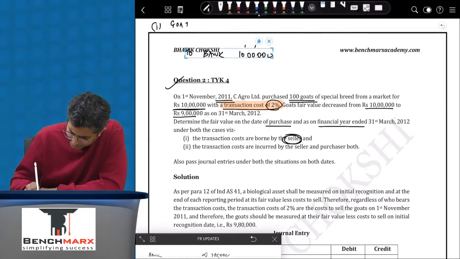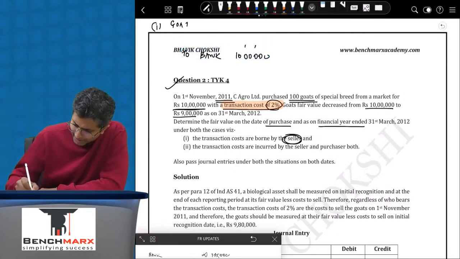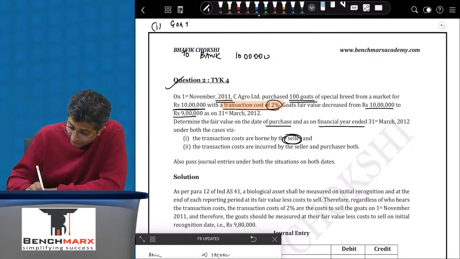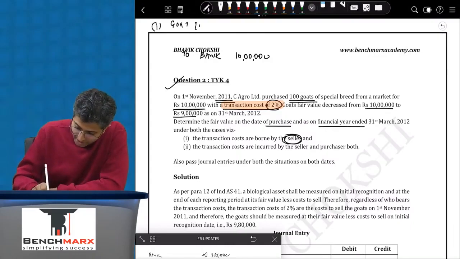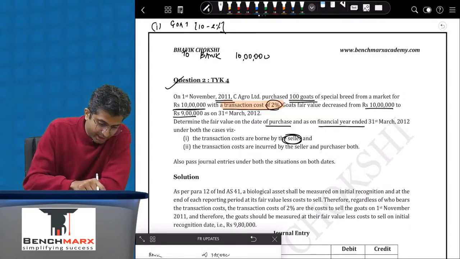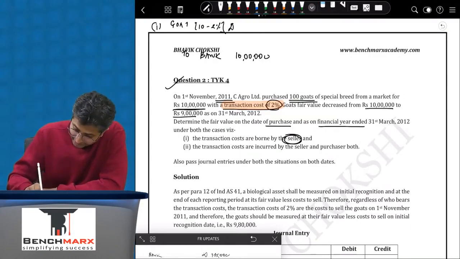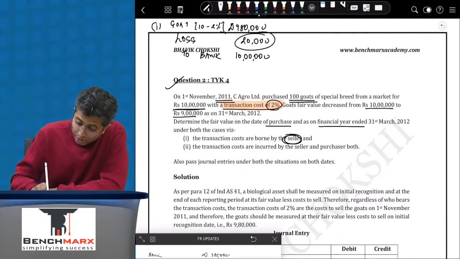And if you have purchased today, yes, you have probably purchased by paying 10 lakh rupees. However, if I were to sell it, I will have to, as a seller, incur the 2% cost. So 10 lakhs minus 2% will be 9 lakh 80, and 20,000 will be recognized as loss on initial recognition, which will go to the P&L.